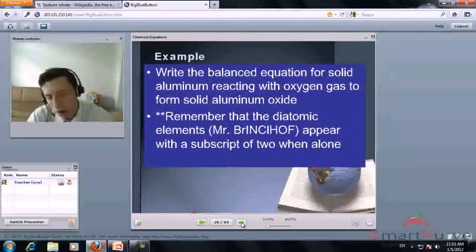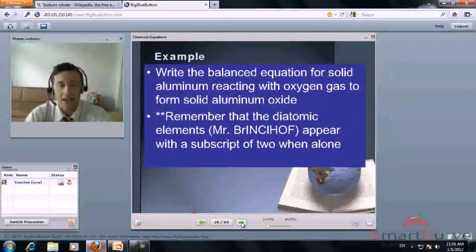We see a row of letters here. These letters represent the elements that will always be diatomic. Br for bromine, I for iodine, N for nitrogen, Cl for chlorine, H for hydrogen, O for oxygen, F for fluorine.